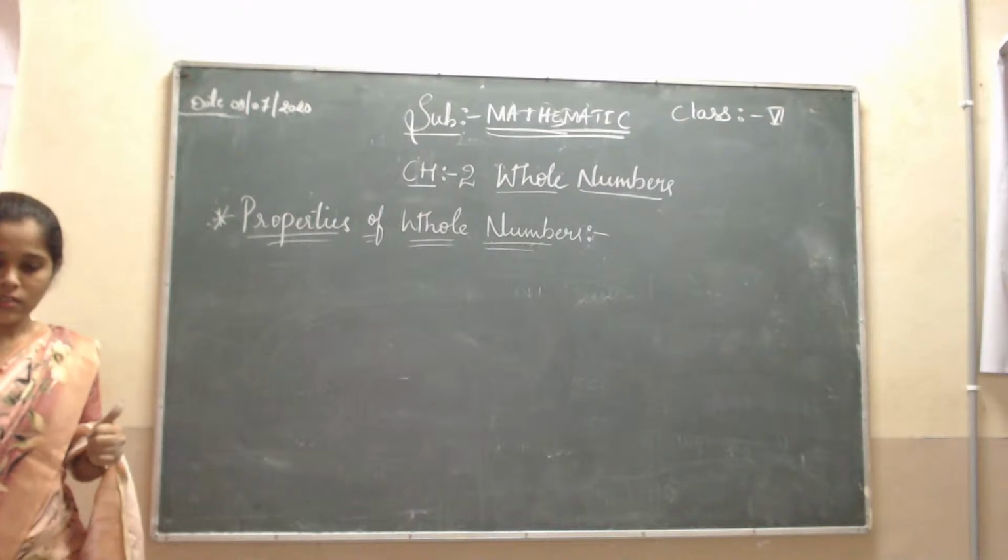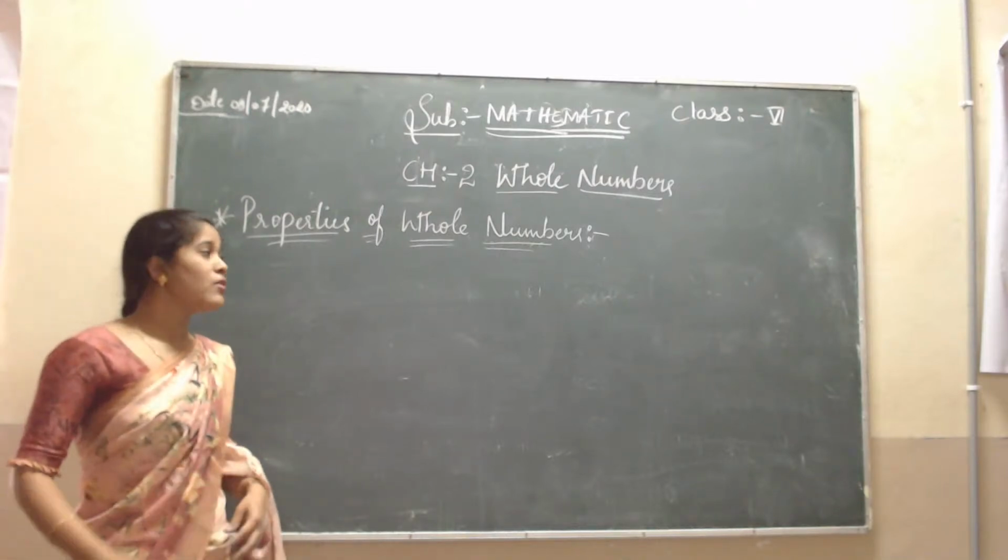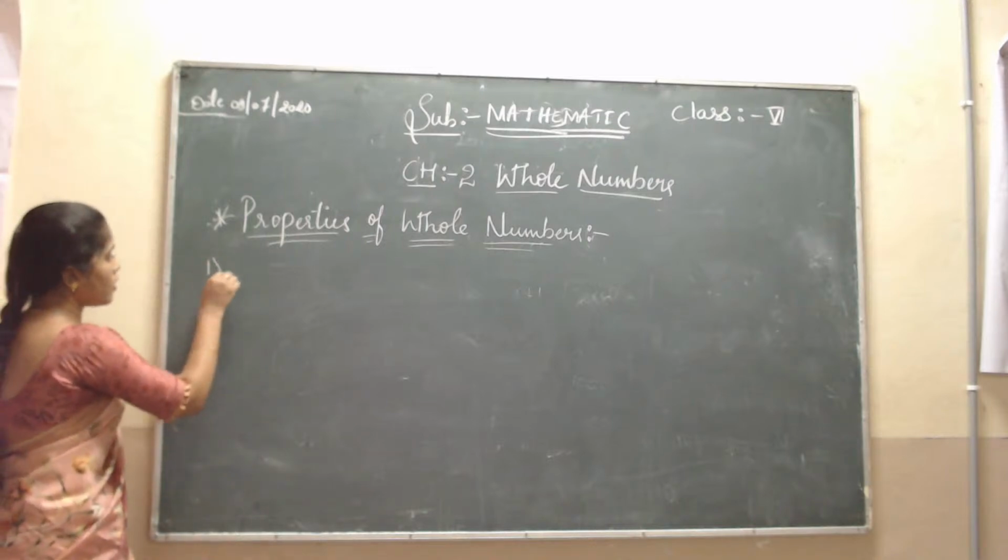Here there are three or four types of properties. First one is closure property.